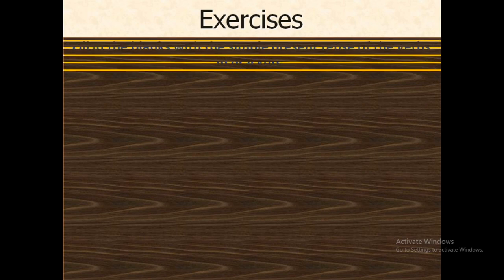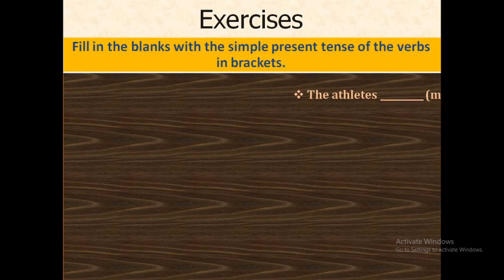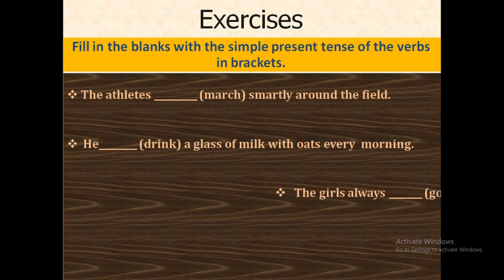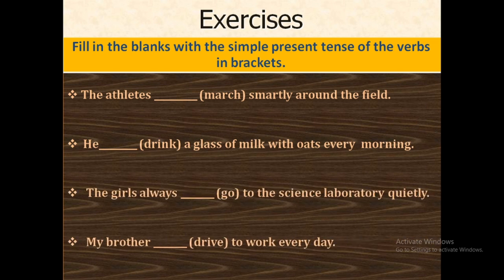So these are all about simple present tense and its uses. Now we are given some exercises that we can do. We have to fill in the blanks with the simple present tense of the verb in the bracket. The first one, the athletes, and we have been given a verb march smartly around the field.